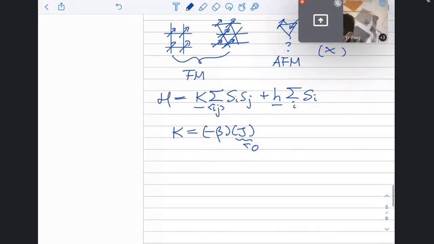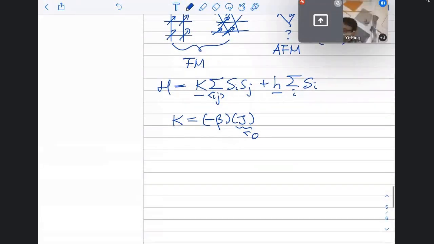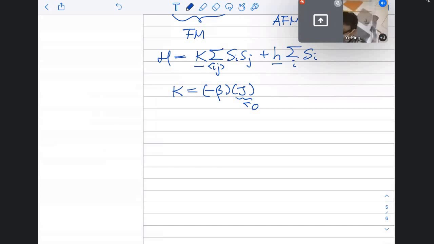Okay, so let's start our RG process. In order to do RG, you need to define some kind of coarse-graining process.